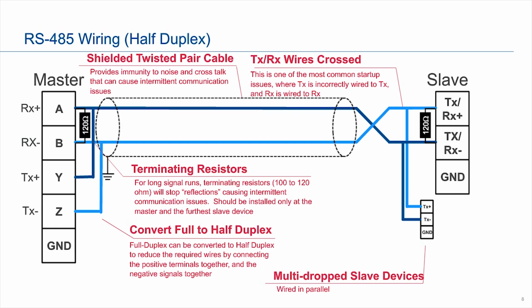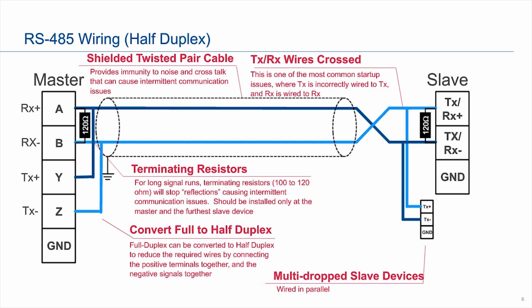So if you have multiple multi-drop slave devices, you don't want to put 120 ohms on each of the devices. You only put 120 ohm resistor on the master and the very furthest slave, and that will stop any reflections causing intermittent communication issues.